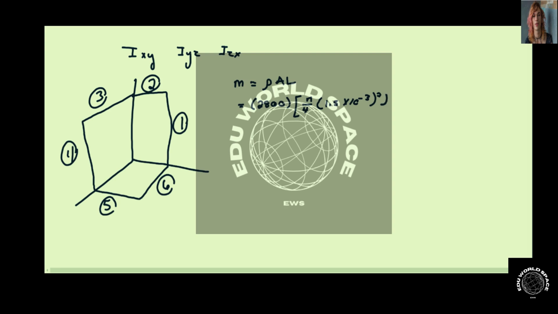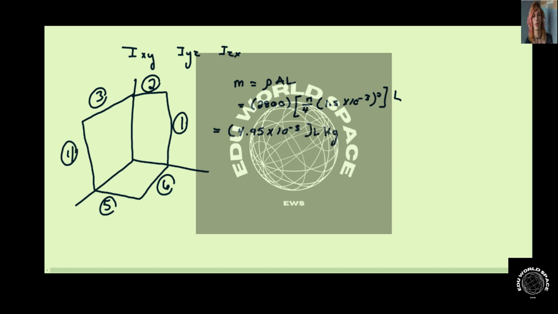It'll help if we have the same symbols and length, so we're just going to do a very generic one: 4.95 times 10 to negative 3 L kilograms.